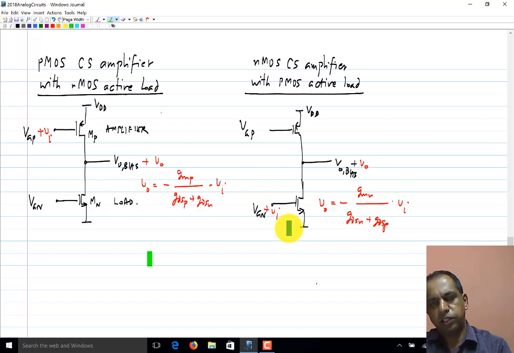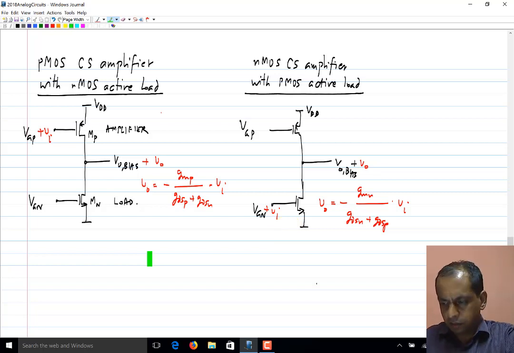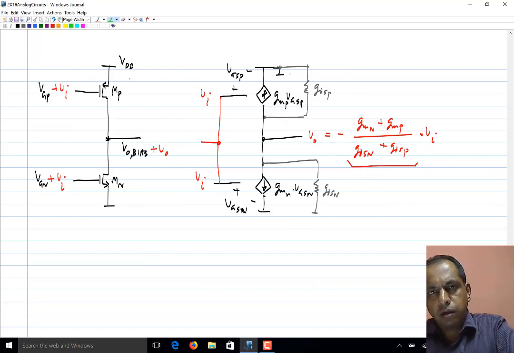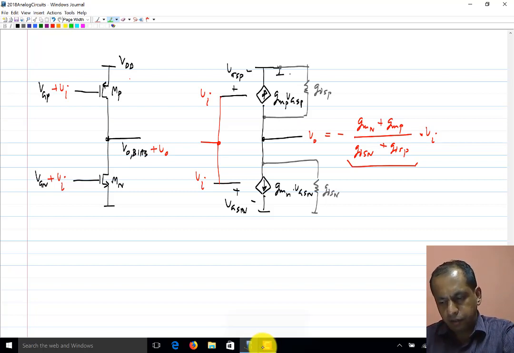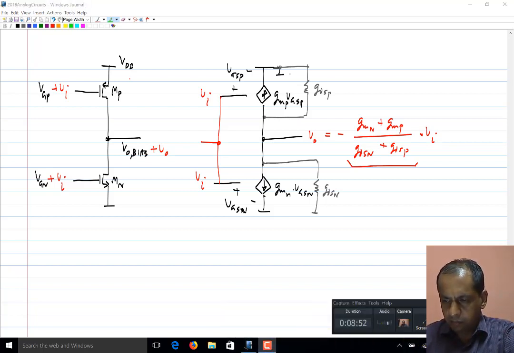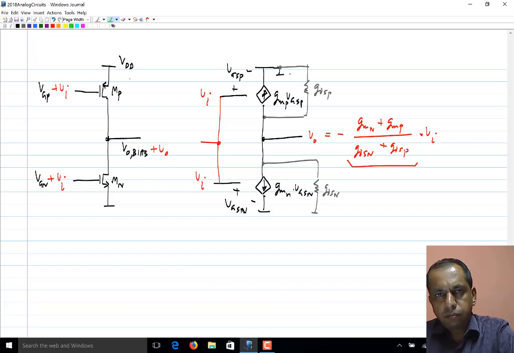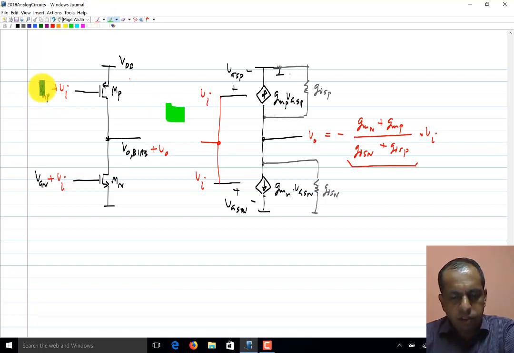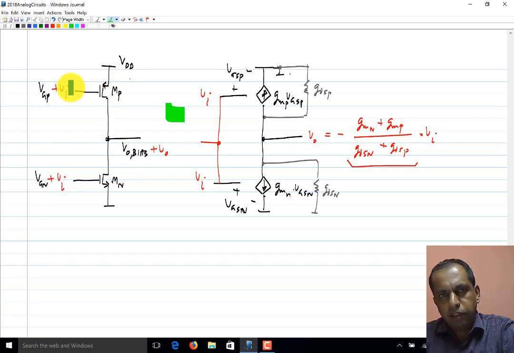So that's also an advantage, and sometimes this structure, the one where the input is applied to both of them, is used for obtaining a higher gain. Okay. Now, in this particular case, we can choose VGP and VGN to be anything we want really, and that can be done. But there is a particular variant that is used quite often.